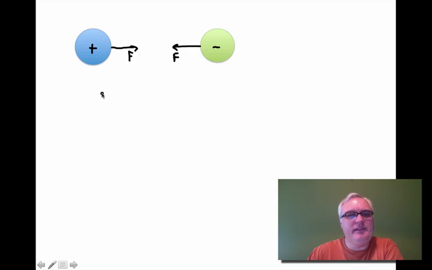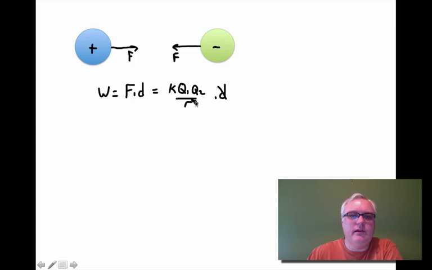And so there is a potential energy here. And we know that work is equal to force times distance. And in this case, it's the Coulomb force that's doing work. And the distance and the separation between the charges cancels.